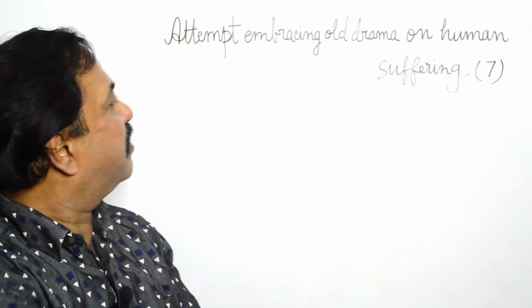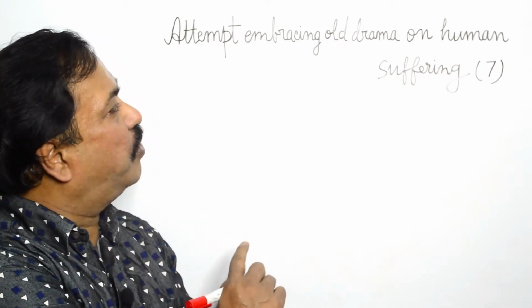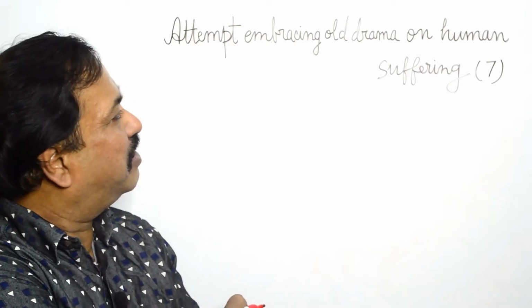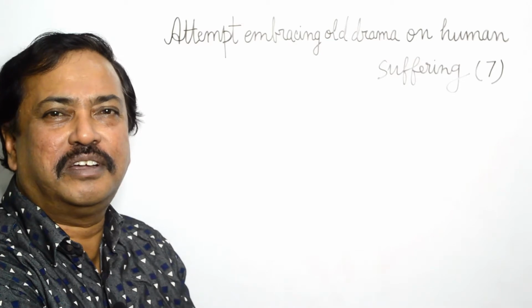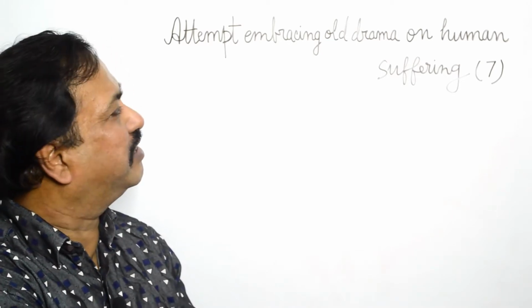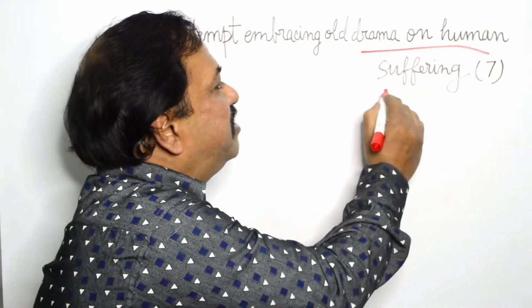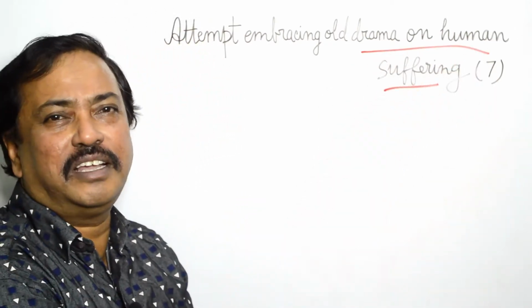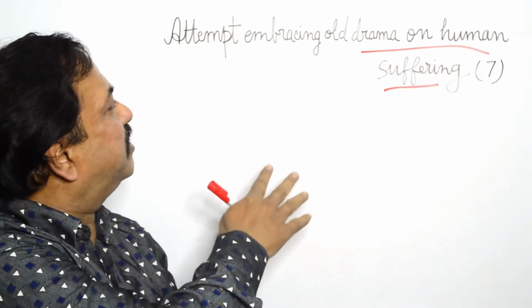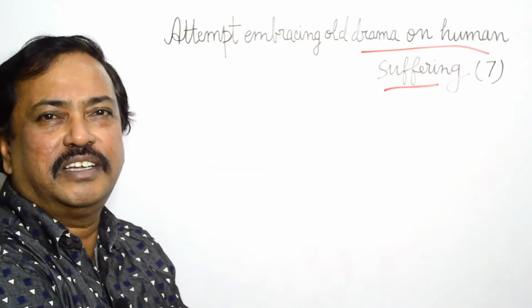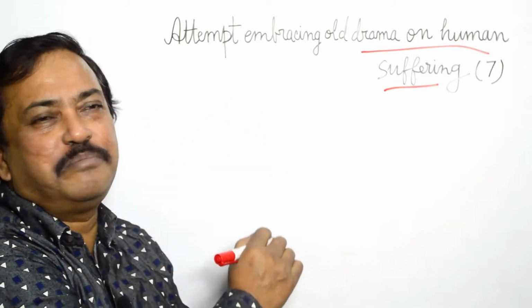Another clue: attempt embracing old, drama on human suffering. Now, in literature, we have tragedy as drama on human suffering, our definition here. Let's see if this works out to tragedy or not. Attempt. A simple word for attempt is TRY.